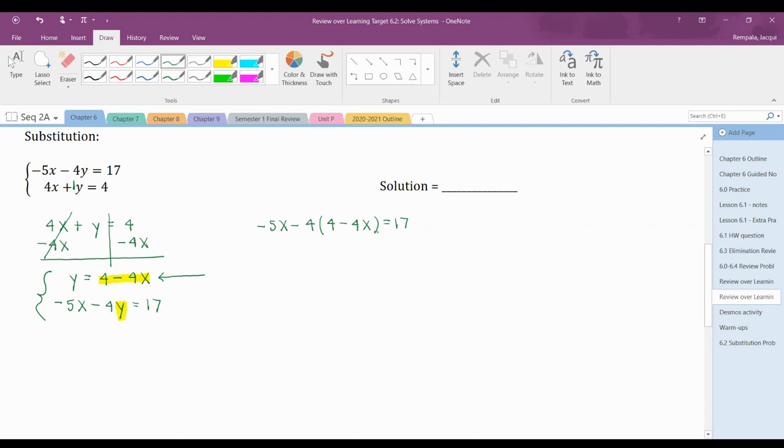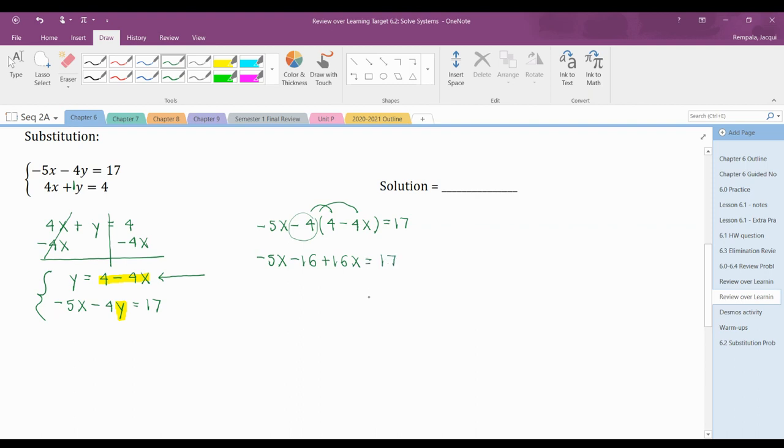So that's perfect. I want to get rid of the parentheses, so I'm going to distribute. But notice that it's a negative 4 that I'm going to distribute. So the negative 5x stays as it is. Negative 4 times 4 is negative 16. Negative 4 times negative 4x, well, a negative times a negative is going to make that a positive 16x.